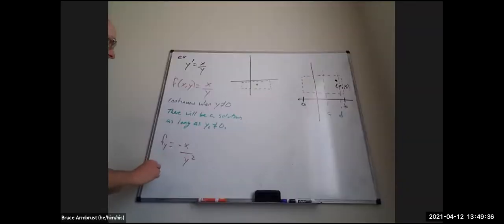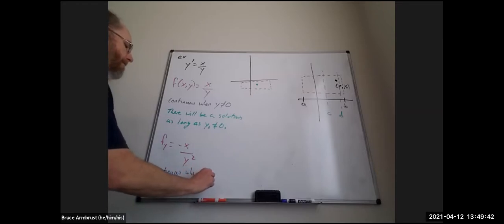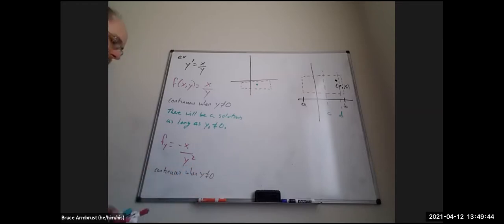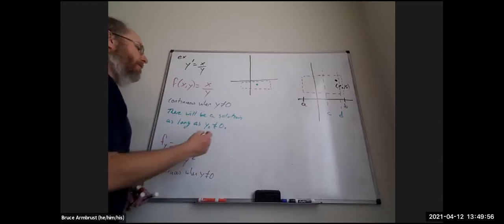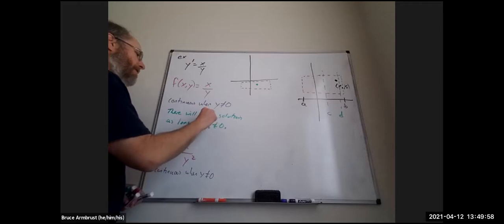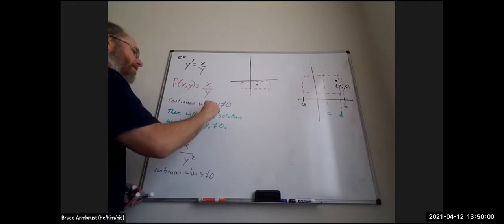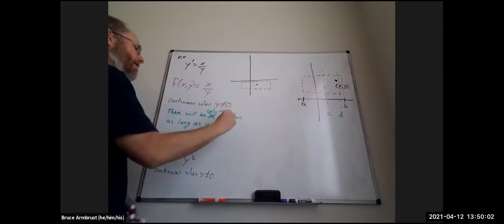So again, this is going to be continuous when y does not equal 0. All right, so what does that tell me? Well, remember up here where we said there will be a solution? Now we can say only one.